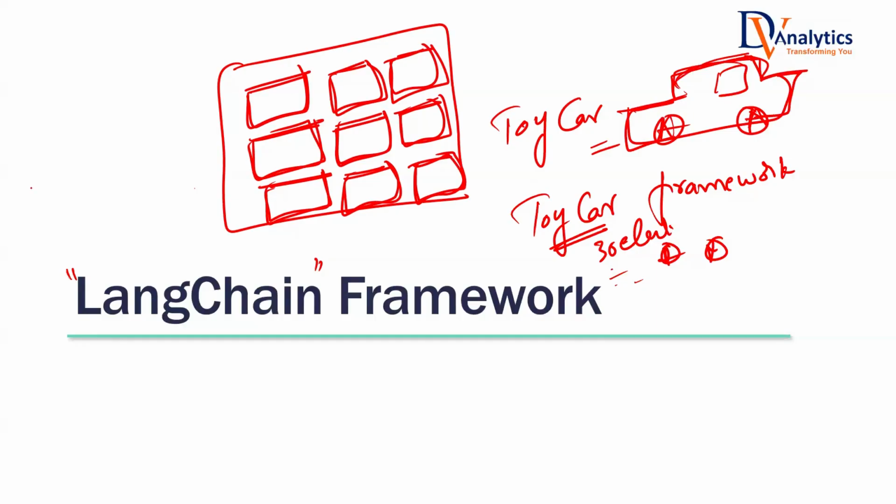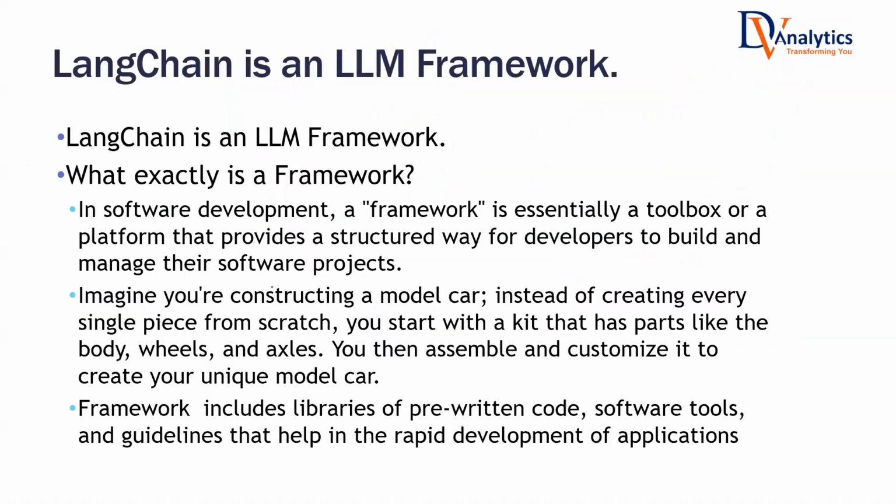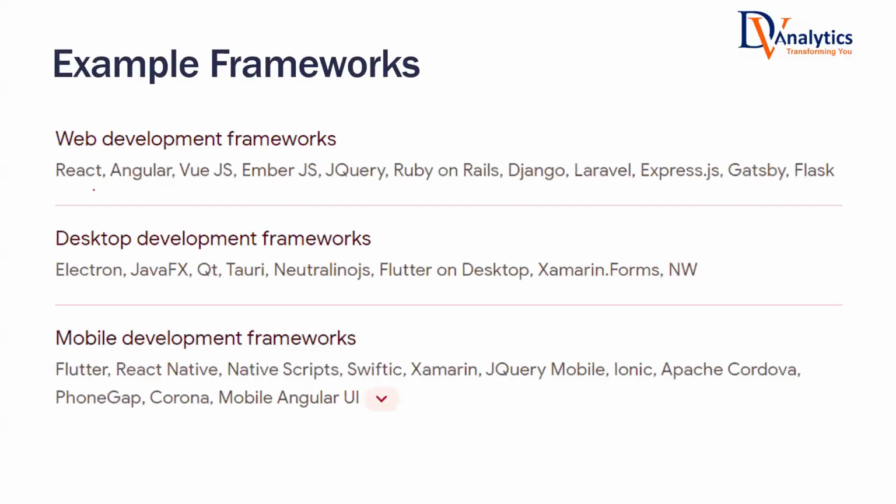Something similar to that, when you want to develop anything related to large language models, you require a framework. One such framework is LangChain. There are already existing frameworks for software development. For web development, you have the Angular, React, Django or Flask frameworks, where pre-written code is already there.